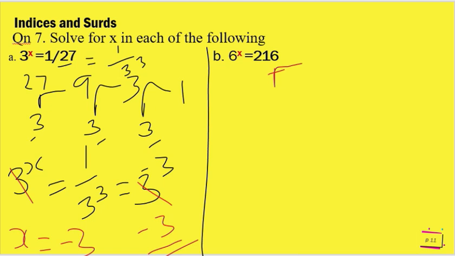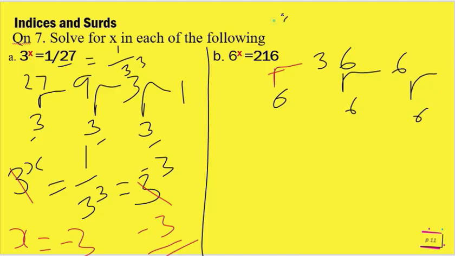You will get 36, then divide by 6, you get 6, divide by 6, you get 1.